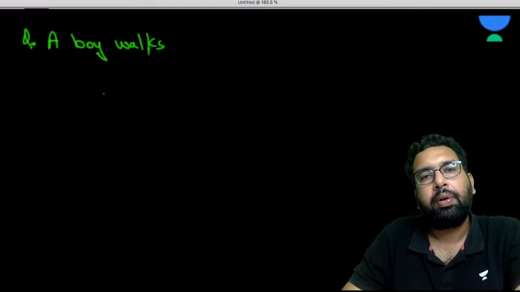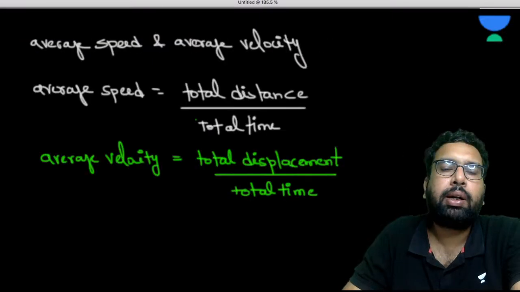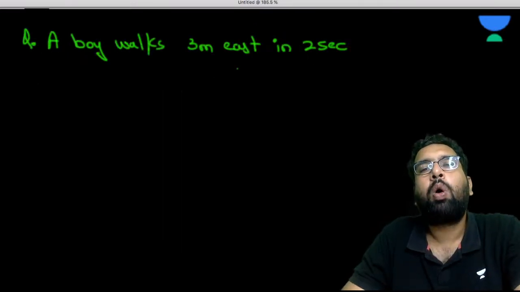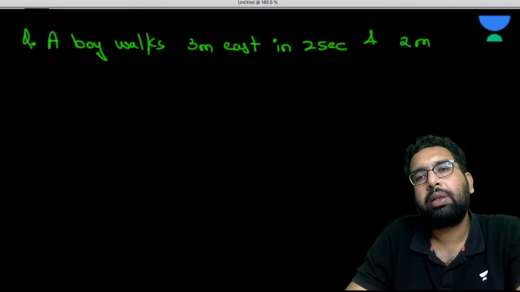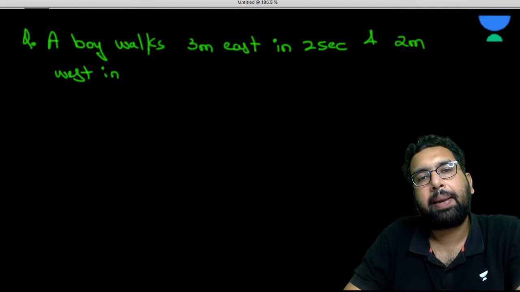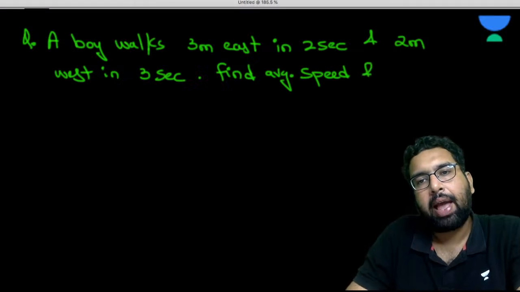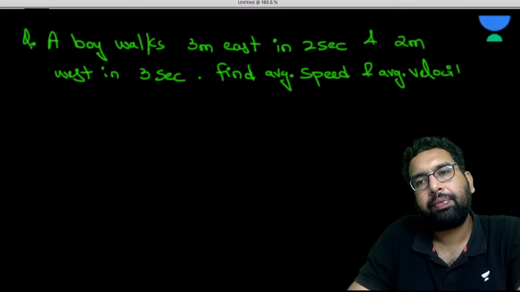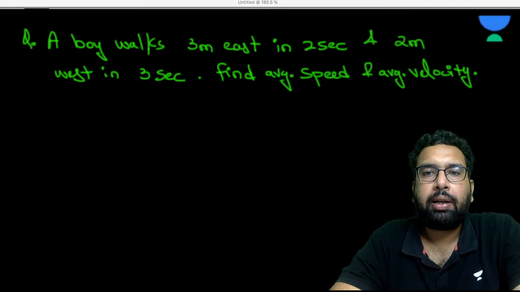A boy walks 3 meter east in 2 seconds and then 2 meter west in 3 seconds.